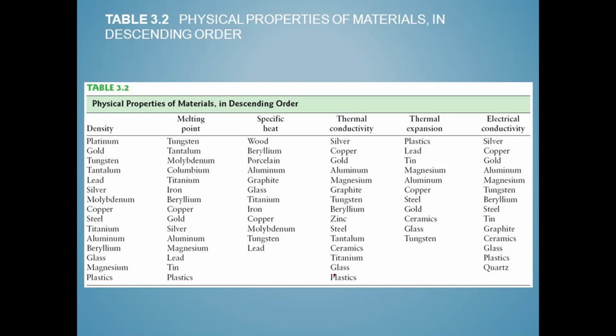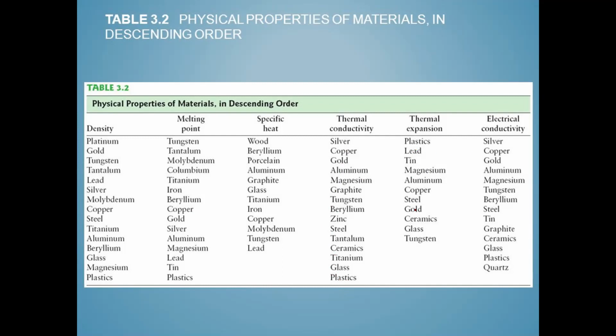This is why glass is getting more and more used in construction, because it has low thermal conductivity compared to other materials. But of course, for some other applications, we need the thermal conductivity. So it depends on the use and the application.